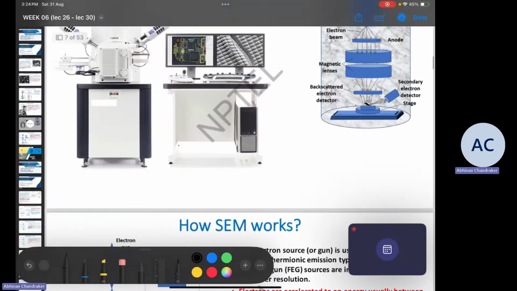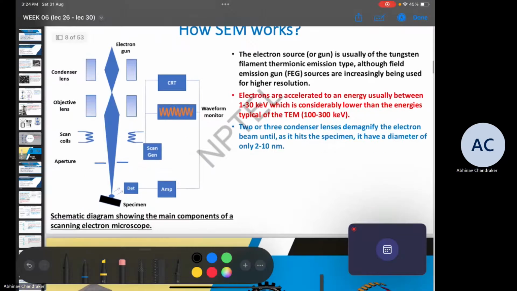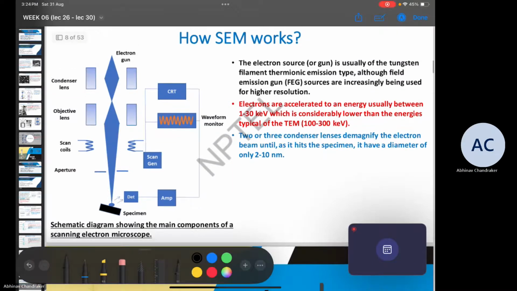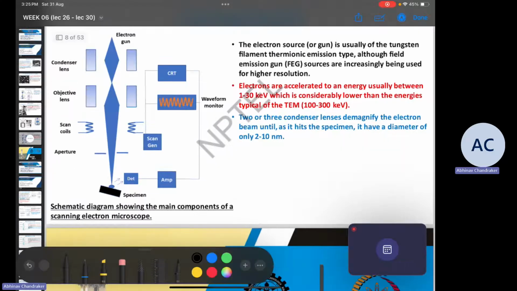By collecting the signals that were generated, they were able to generate an image of the specimen. In SEMs, the electron energy is usually 1 to 30 kilo electron volt, while we have seen that in TEM, it is about 100 to 300 kilo electron volt.